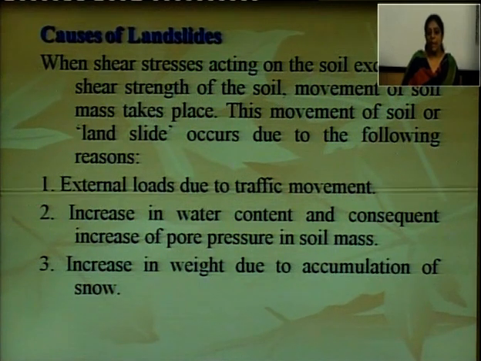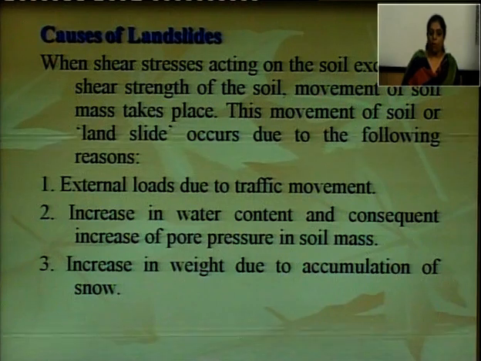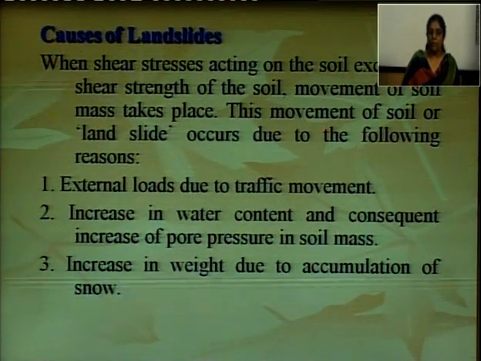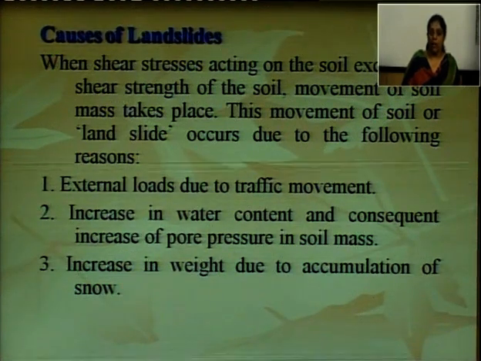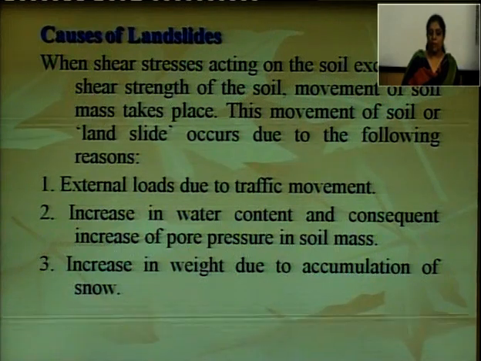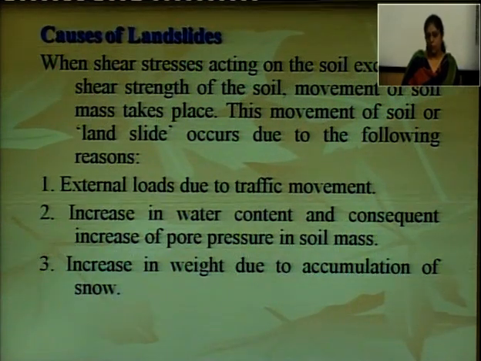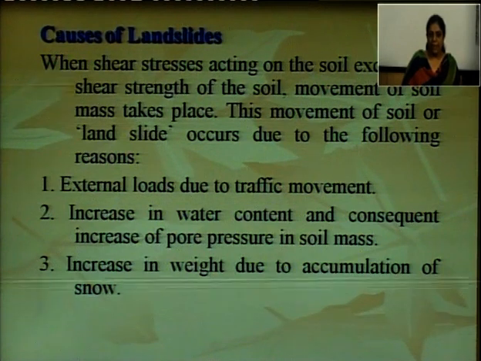Then there could be an increase in weight due to accumulation of snow. During snowfall, snow falls on the slopes and the weight increases, and the uppermost layer of the slope is not able to take that much weight. So it flows down and causes landslide.